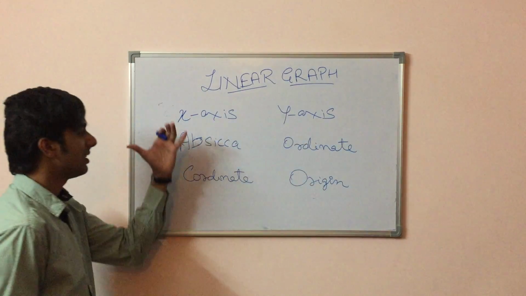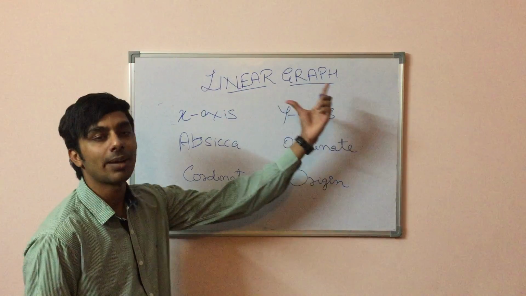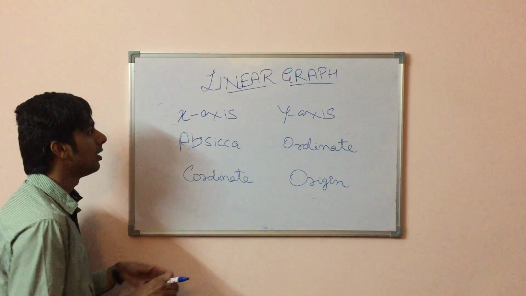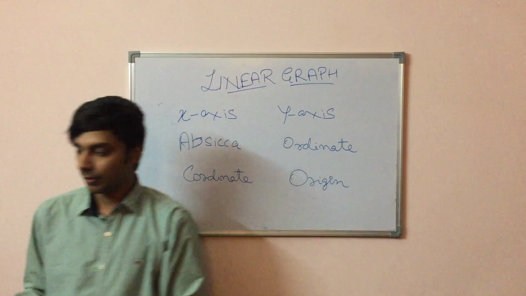So these are basically six terms you should know before doing the chapter linear graphs. So what is x-axis, what is y-axis, what is abscissa, what is ordinate?